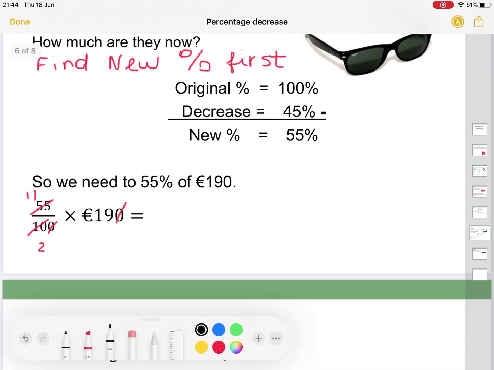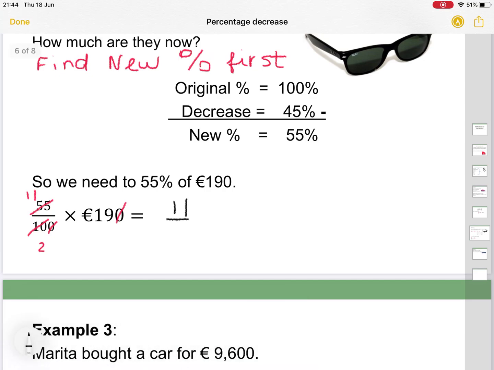So using a calculator, I can work out 11 over 2 times 19, and the answer would be 104.5. Since we are dealing with money, that .5 is 50 cents.